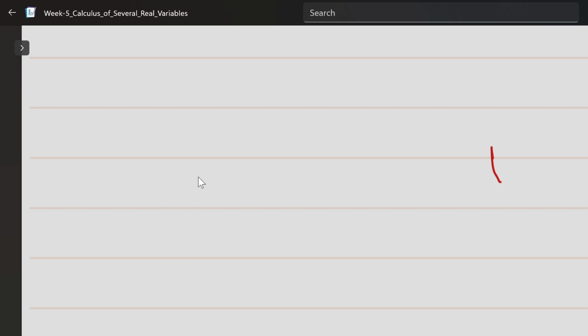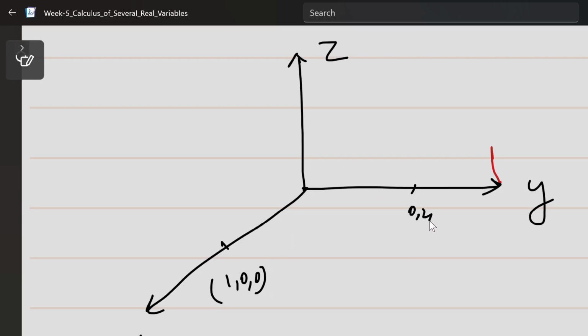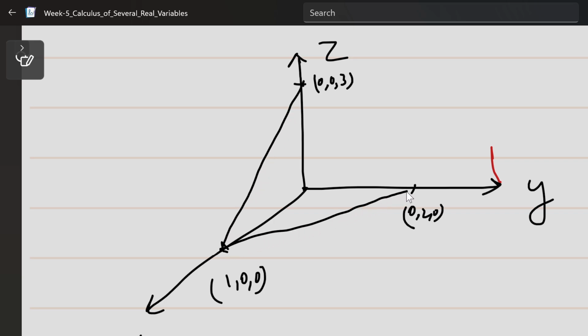So it is 1, 0, 0, here 0, 2, 0, and here 0, 0, 3. Just join these. I think the other point is the origin.